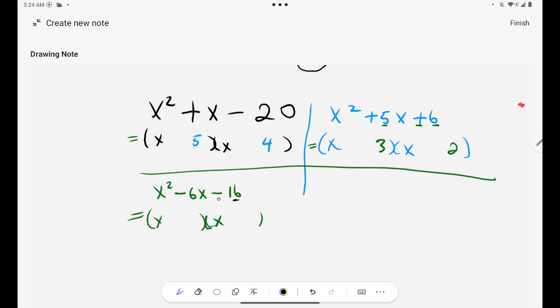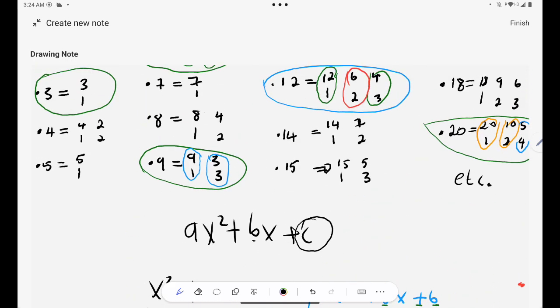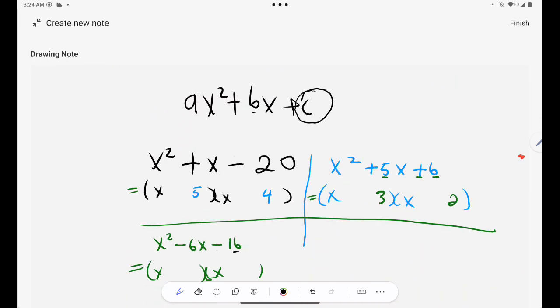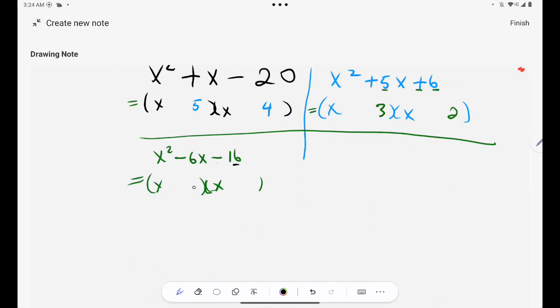That's when I subtract, because there's a minus there, will give me 6. I go straight to 16. There is 16 over there. The pair that's when I subtract will give me 6 is only 8 and 2, because when I say 8 minus 2, I'll get 6. So I'll just write 8 there and the 2 there.